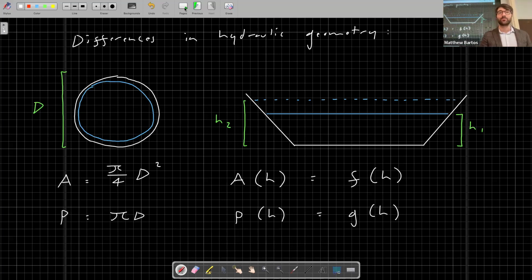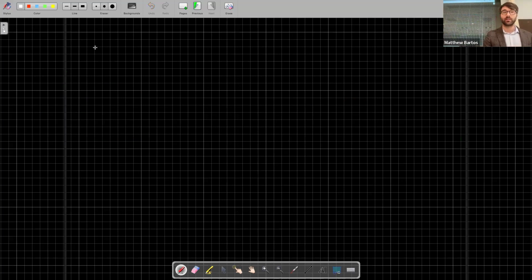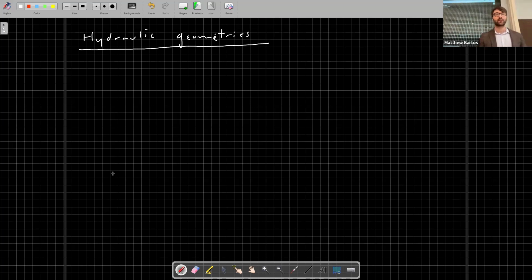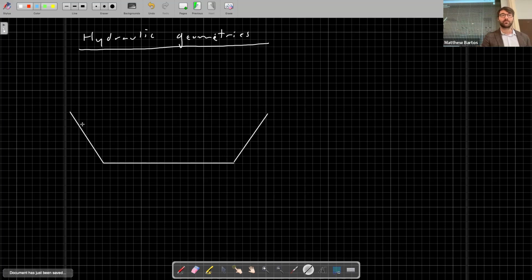Let's talk a bit about which hydraulic geometries we need to know. The most relevant hydraulic geometries are the following. Let's say we have a trapezoidal channel, and we have some water surface.